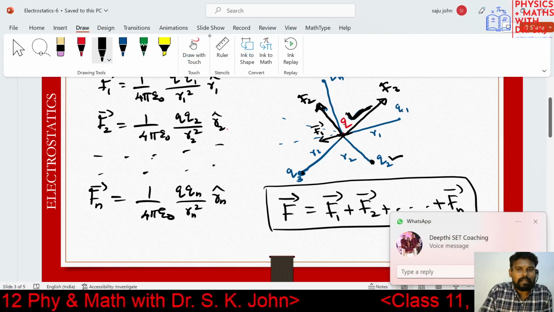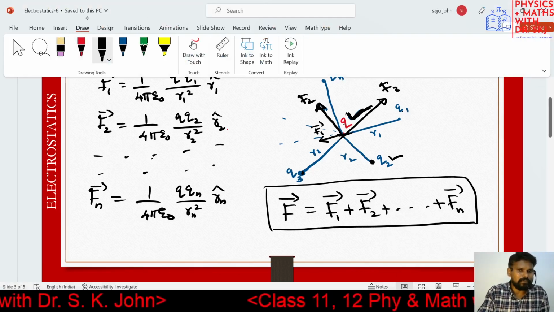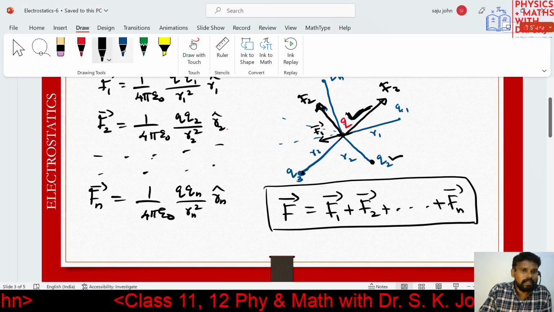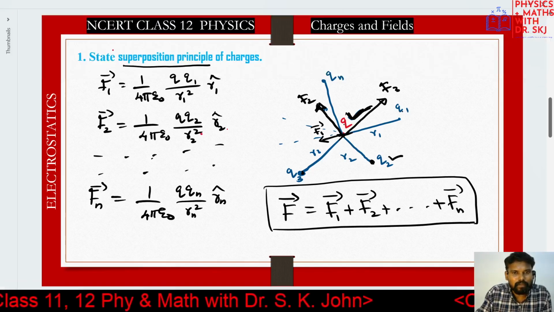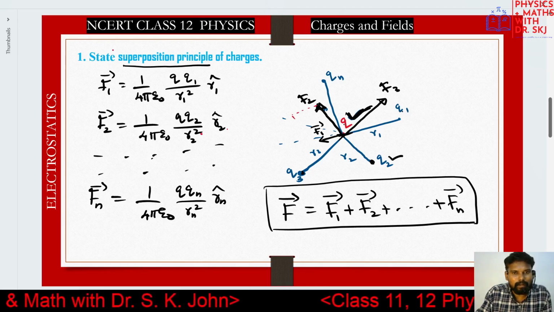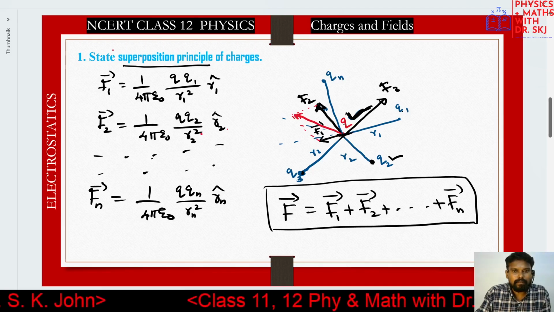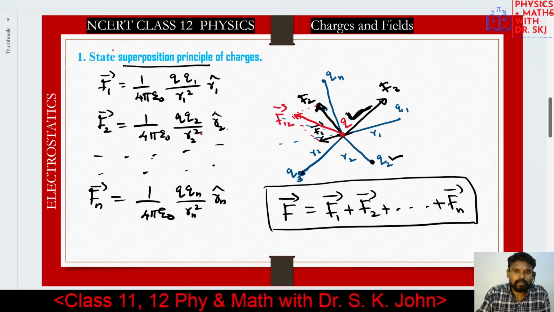You know how we can add two vectors: for adding two vectors, we have the triangle or parallelogram law. If we use the parallelogram law, we complete the parallelogram between F1 and F2, and draw the diagonal. This is the sum of F1 and F2.